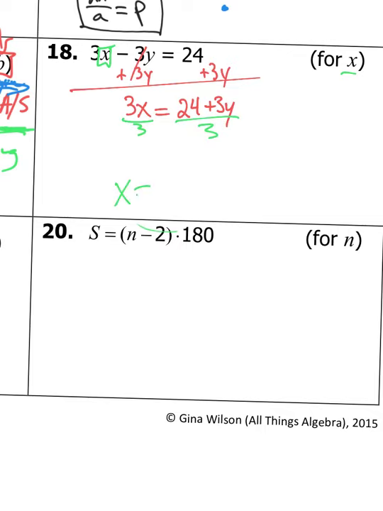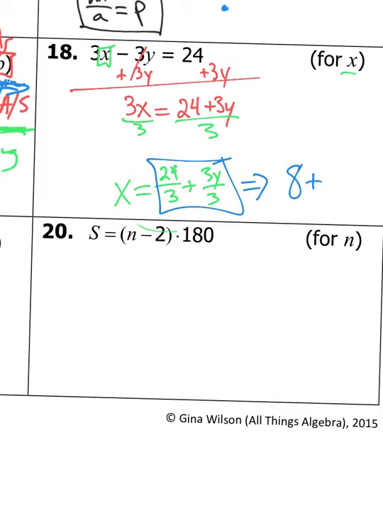And I'm left with x equals 24 over 3 plus 3y over 3. Okay, and this is not actually our answer because we can simplify. 24 divided by 3 would give me 8. 3 divided by 3 would give me 1, so I'd be left with 1y. That is my answer.